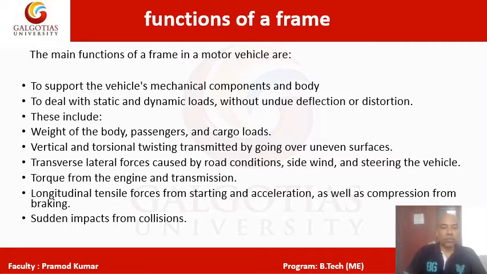Transverse lateral forces caused by road conditions, side wind, and steering the vehicle are also to be taken into account. Torque from the engine and transmission, longitudinal tensile forces from starting and acceleration, compression from braking, and sudden impact from collision must also be considered.